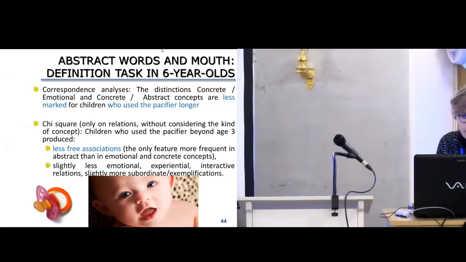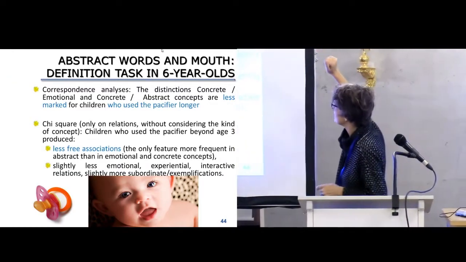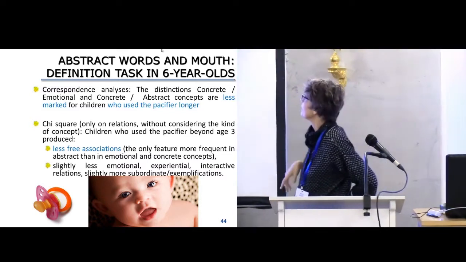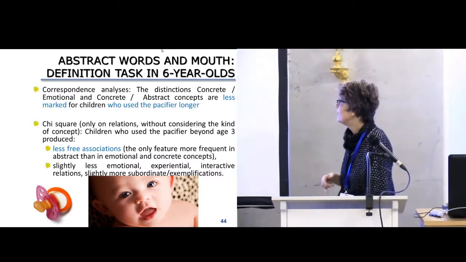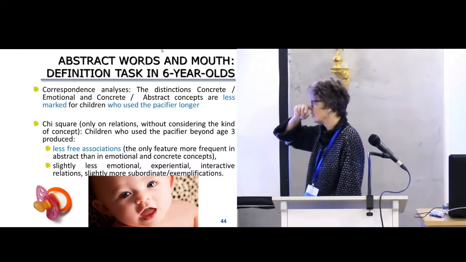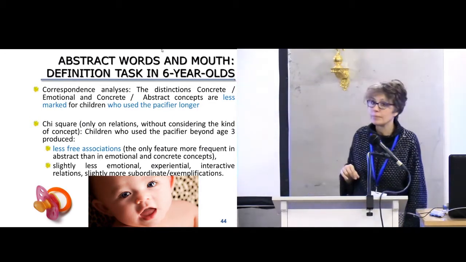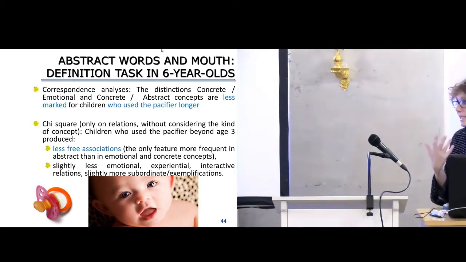Basically, the distinction between concrete and emotional and between concrete and abstract is less marked for children who used the pacifier for longer. And also, with chi-square analysis, we show that children who used the pacifier for longer produce fewer free associations in relation to abstract concepts.